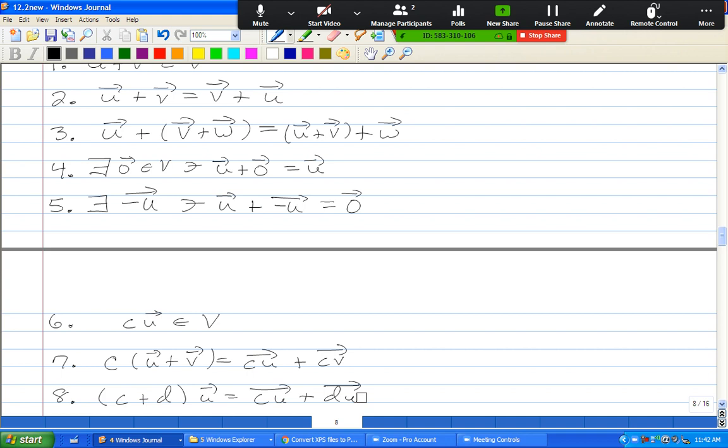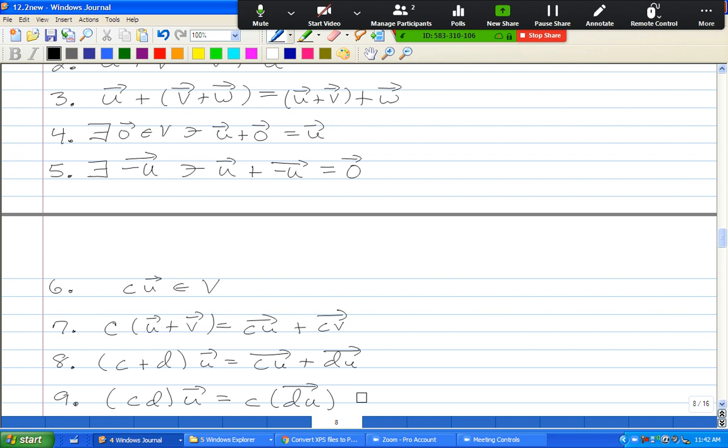Next, I also have that scalar multiplication is associative with multiplication within the scalar field. And so if I have scalars C and D and vector U, then C times D, the multiplication of these two scalars, times the vector U is the same as the scalar multiplication of C times the vector DU.